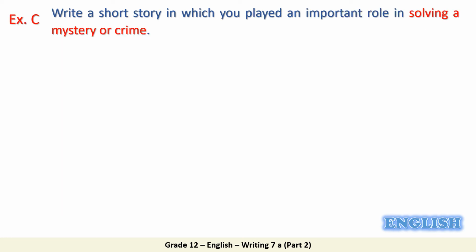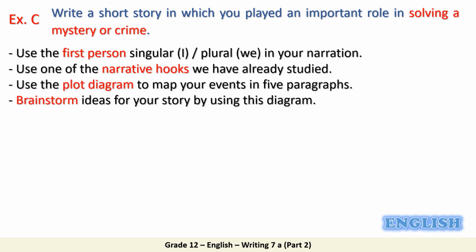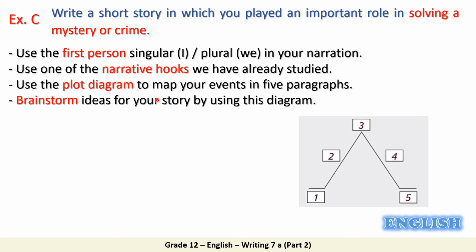Now, for exercise C, please write a short story in which you played an important role in solving a mystery or a crime. Remember to use the first person singular, I, or plural, we, in your narration. Use a suitable narrative hook. Use the plot diagram to map your events in 5 paragraphs, as we have already studied.